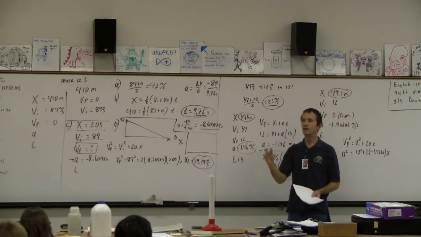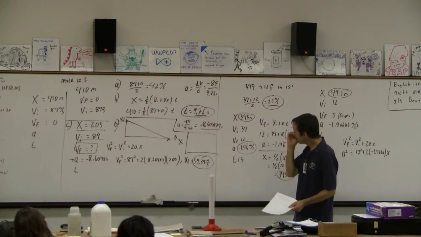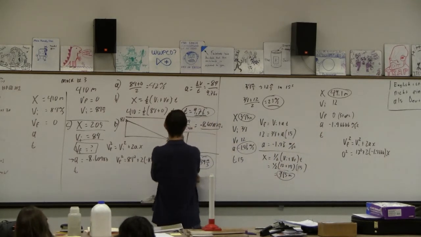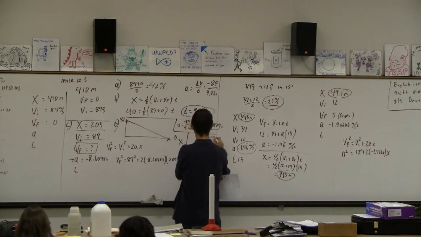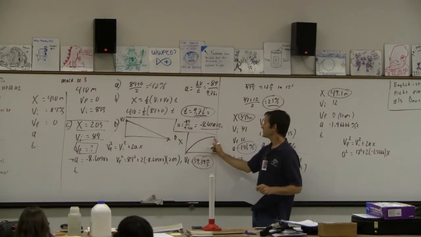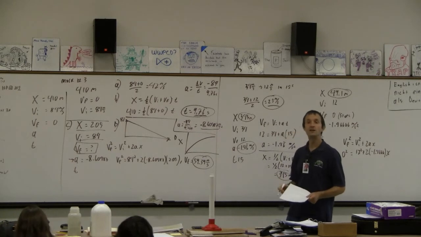Well, we know it's a negative acceleration, so it's a downward curvature. So what does that look like? It's moving fast to begin with. Final velocity 0.